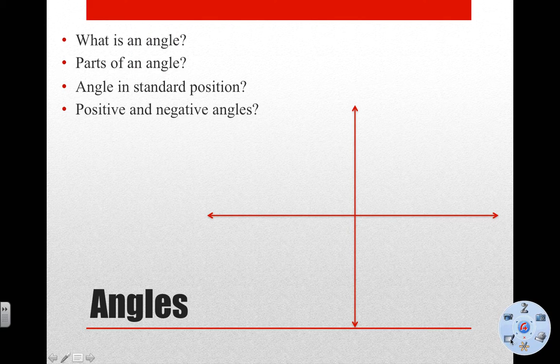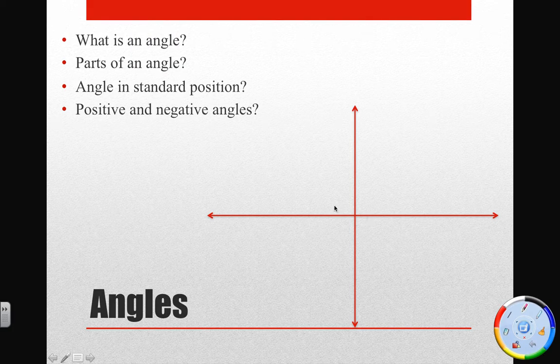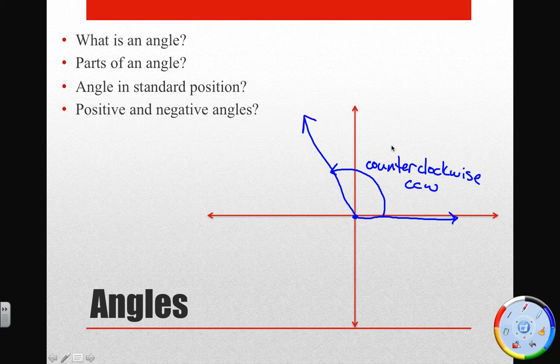All right, so we have positive and negative angles. If we were to take an initial side here and measure counterclockwise, or CCW, as some people abbreviate that, a counterclockwise angle is positive. So we would say this is a positive 130 degrees. However, we can measure in a negative direction if we measure clockwise.